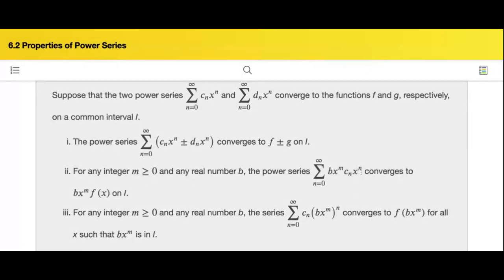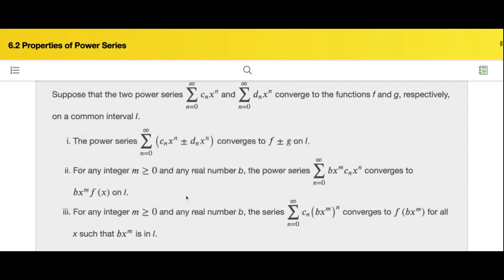So if one series converges to a function f on the interval I, we can multiply by a real number b and x raised to a non-negative power. This is pretty powerful too, because x raised to m is just a finite term, so we can always do that.